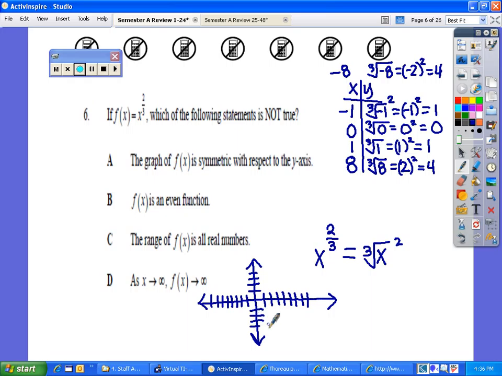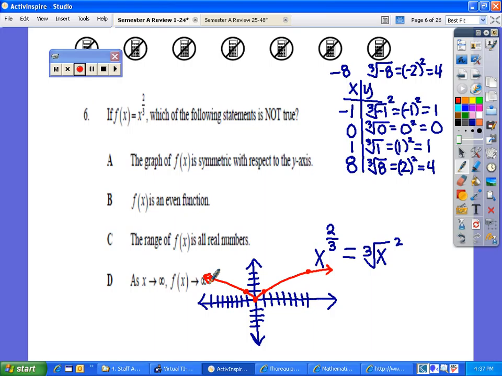So I just plotted it. Okay, so that's what the picture looked like. This is x to the 2/3 power.